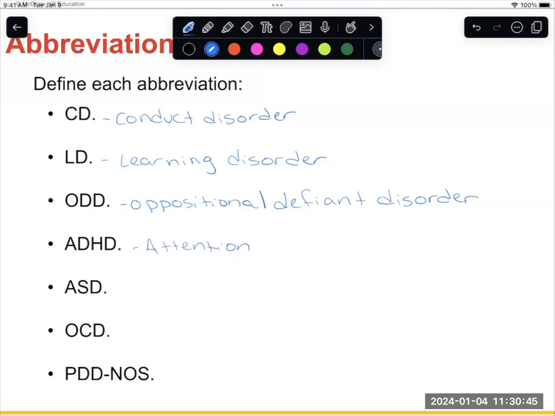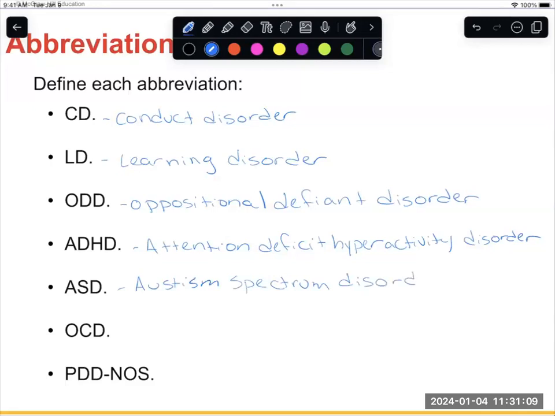Attention deficit hyperactivity disorder. Autism spectrum disorder.